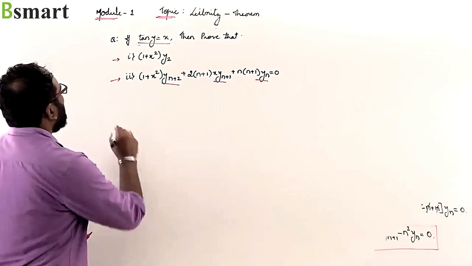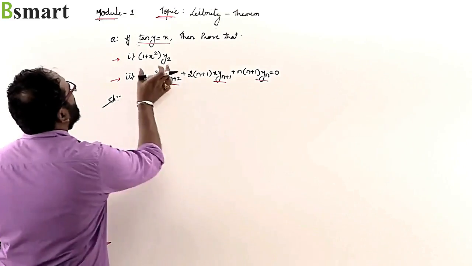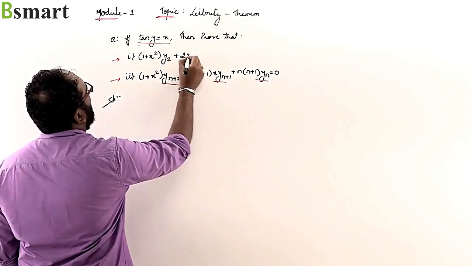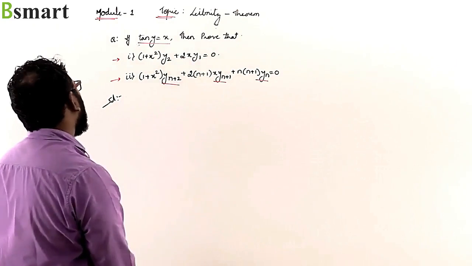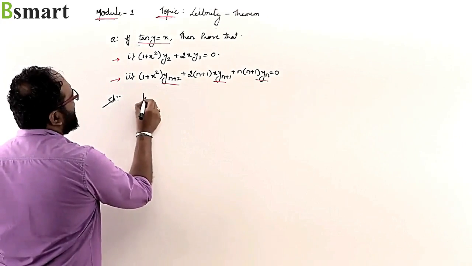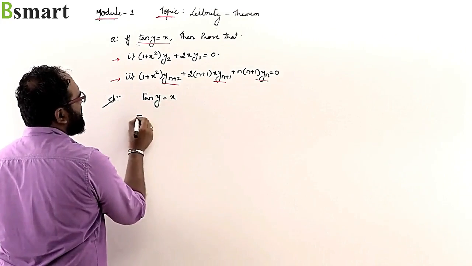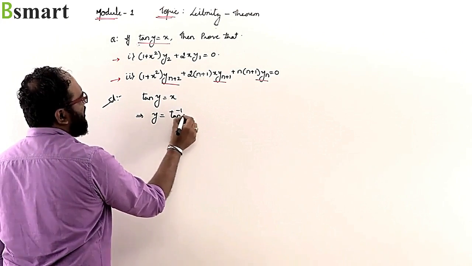Now, let us say the question is asking us to prove (1 plus x square) y2 plus 2x y1 is equal to 0. So let us say he has given tan y is equal to x. So that implies, can I write y is equal to tan inverse x?